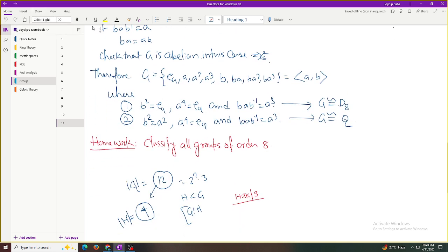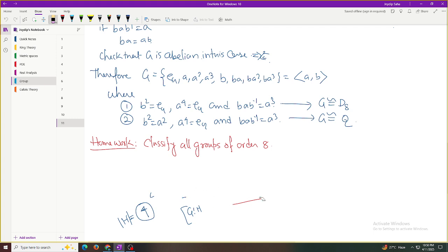Now I was asking about groups of order 12. To do it systematically, we have to understand some products in group theory.